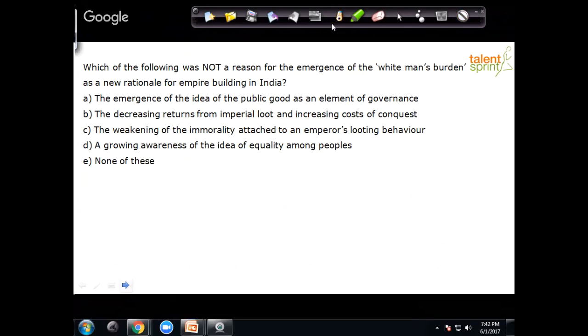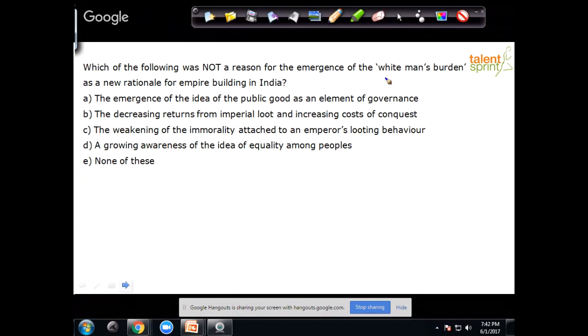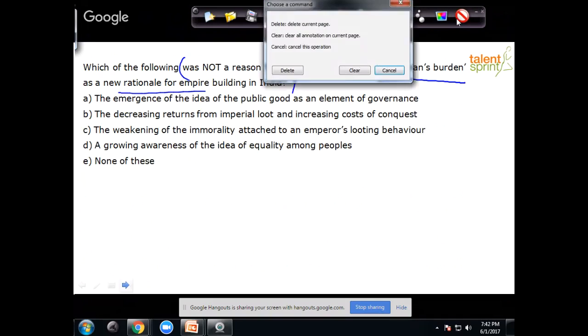So my keyword is white man's burden, right? I'm not going to read the entire passage. I'm going to scan for this phrase and where it appears in the passage. Can we do that? Keep this in mind. Let's go back to the passage.